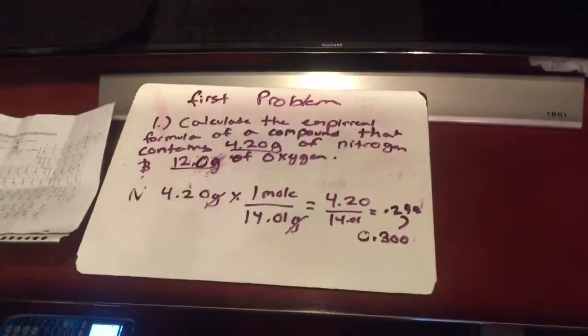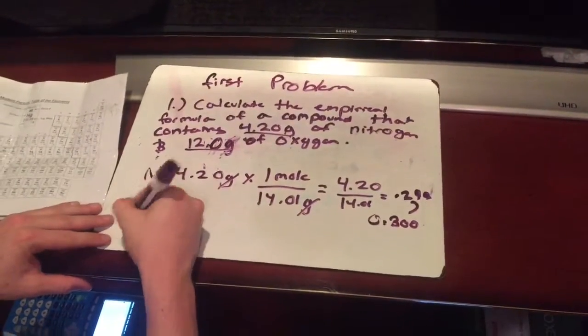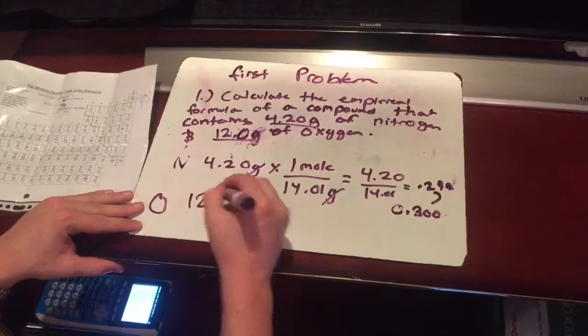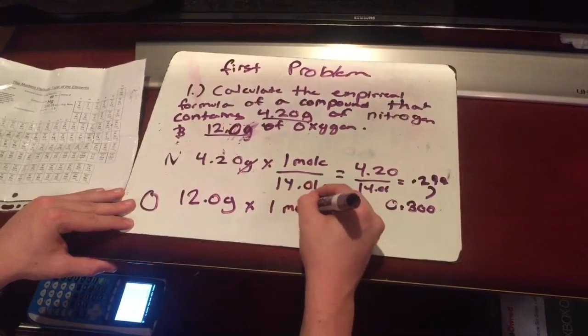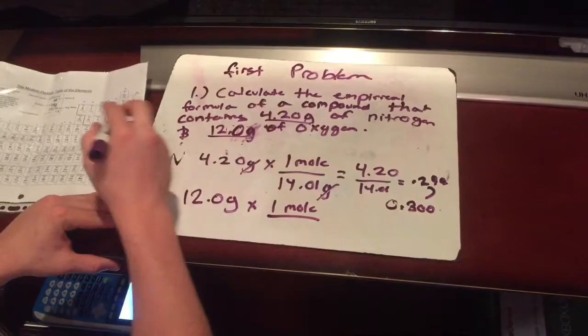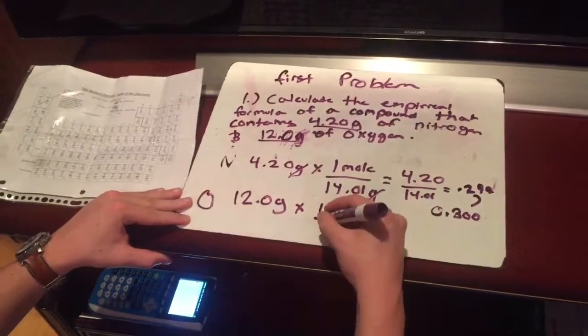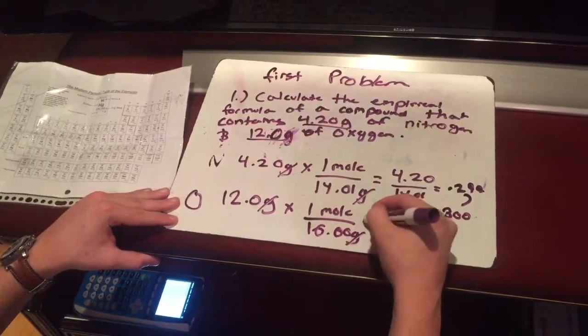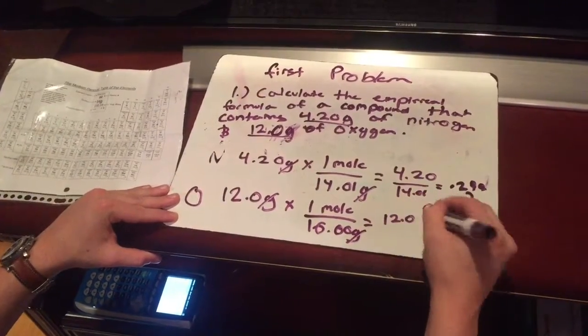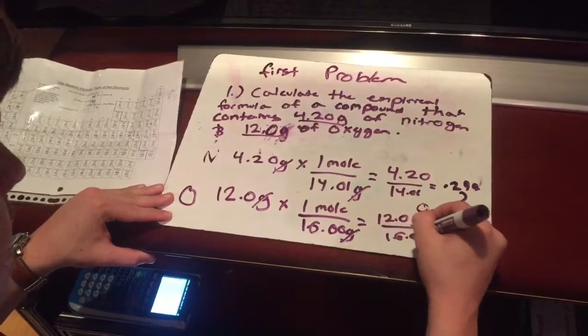So the next step would be to take your oxygen: 12.0 grams times 1 mole over whatever your oxygen is. Let's go on the periodic table. That is 16.00 grams. Cross multiply, you get 12.0 over 16.00.